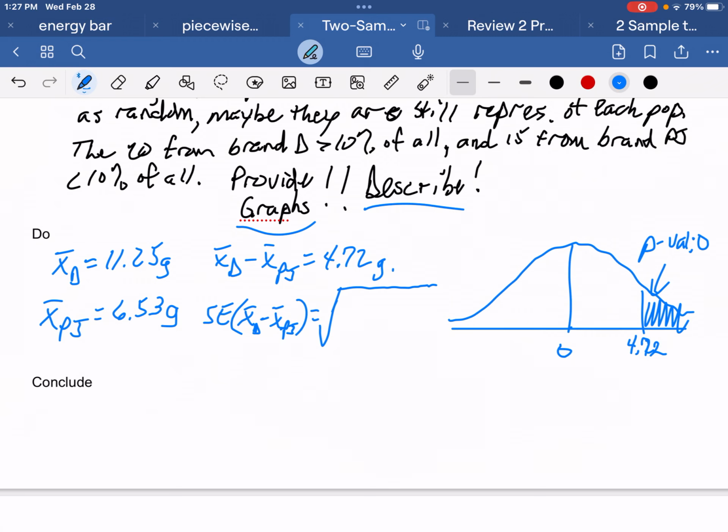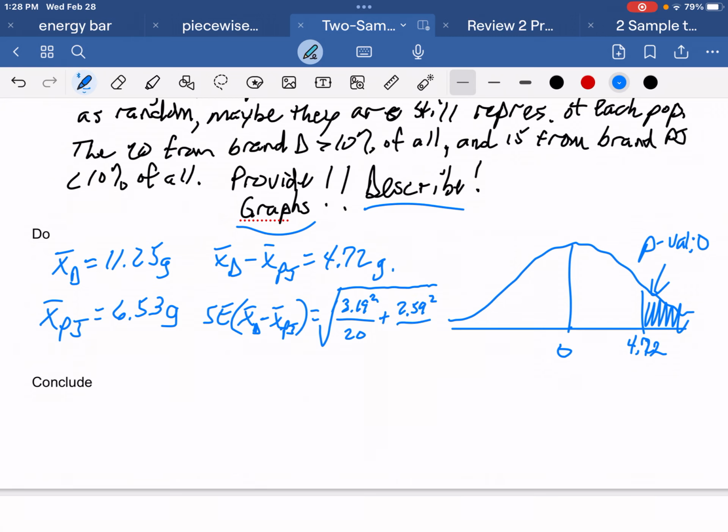So I got to take 3.19 squared over, well, we had a sample size of 20 for brand D. And then the calculator is showing me that the standard deviation for brand PJ is 2.59. So 2.59 squared over 15. So I'll leave that to you. You have to play the game.